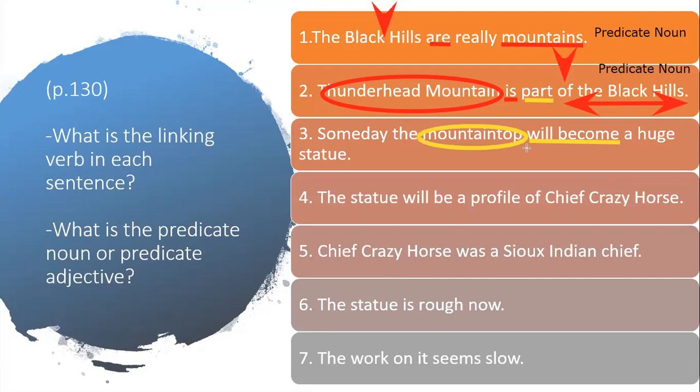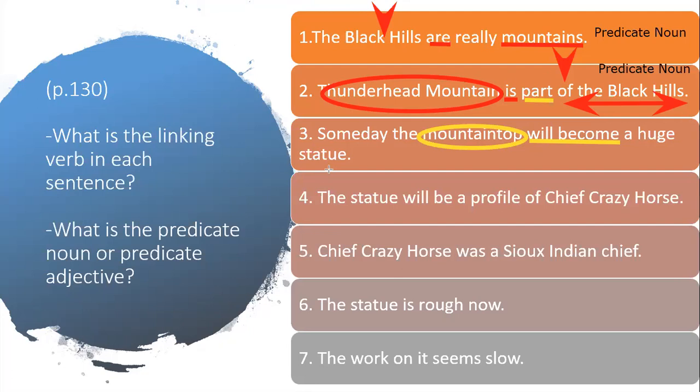So now, the mountaintop will become what? If you look at the predicate, we see huge and we see statue. I have an adjective, huge, and I have statue, which is a noun.